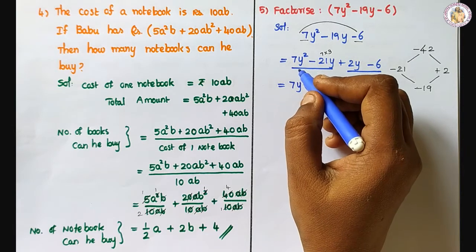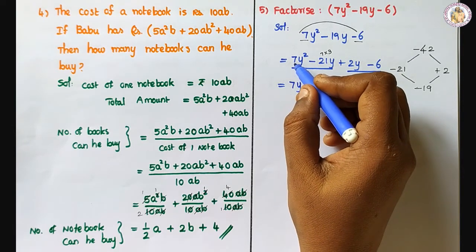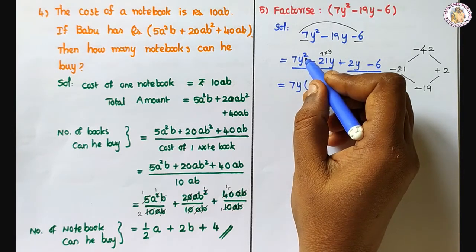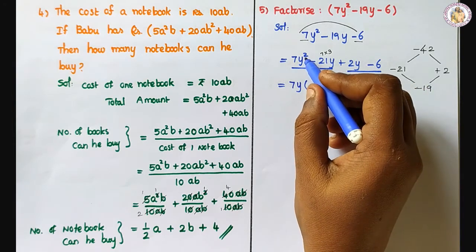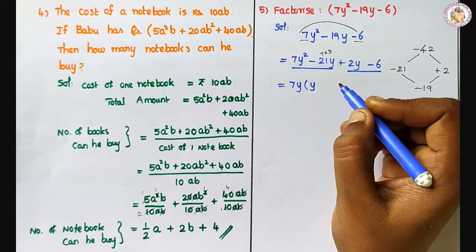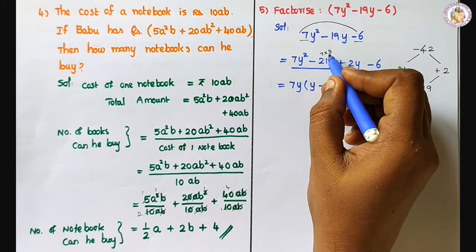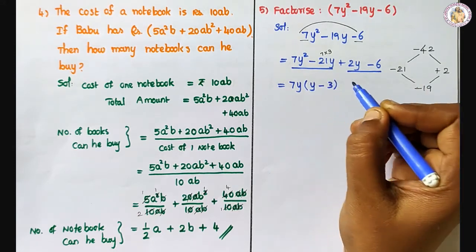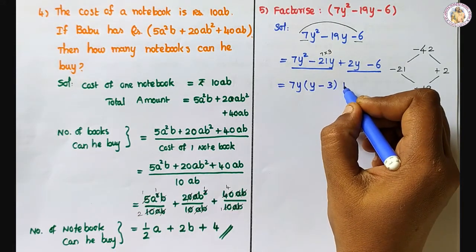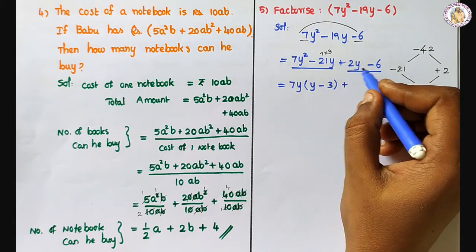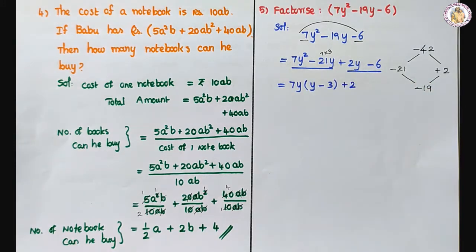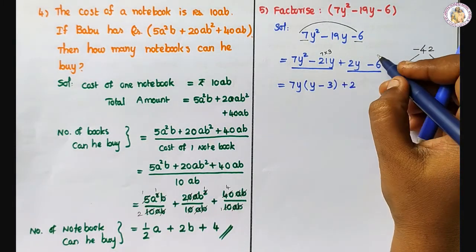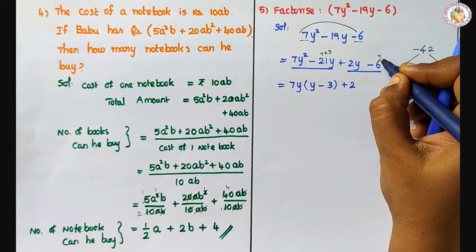Now what's remaining here? 7y taken out means y is there minus 3. Here take 2, because 6 can be written as 2 3s.